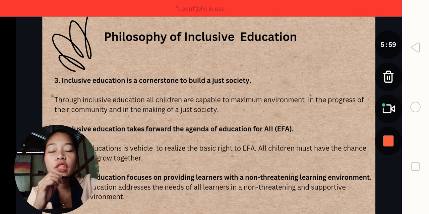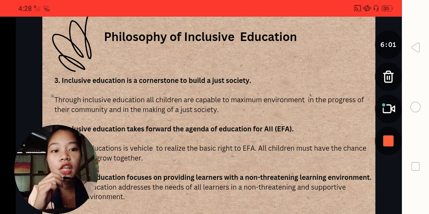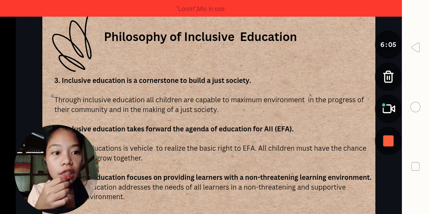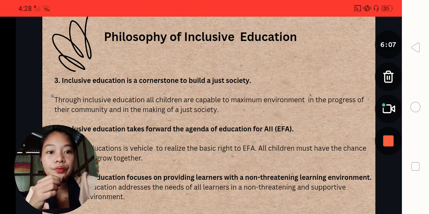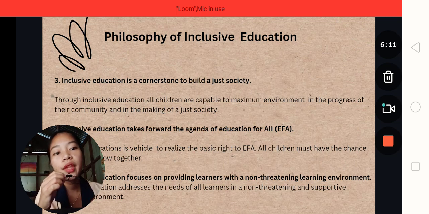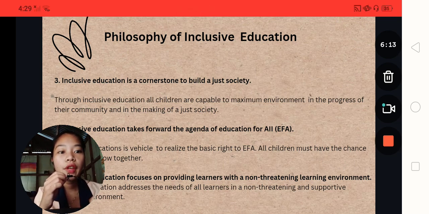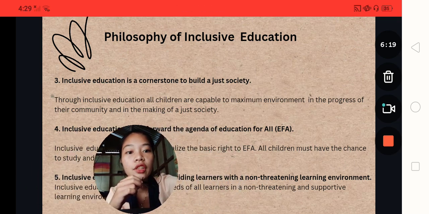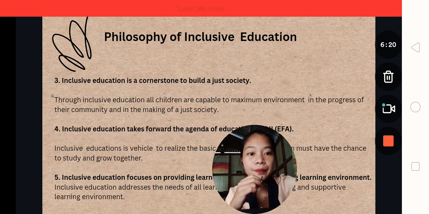Fourth, inclusive education takes forward the agenda of Education for All, EFA. So, inclusive education is a vehicle to realize the basic right to EFA. All children must have the chance to study and grow together.